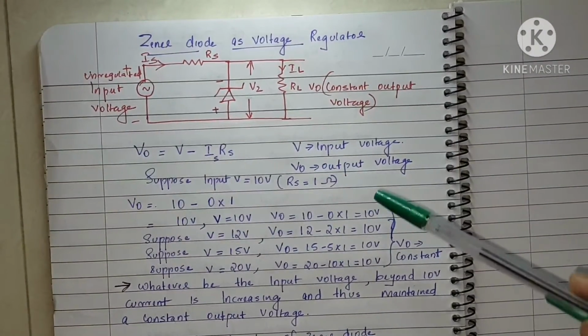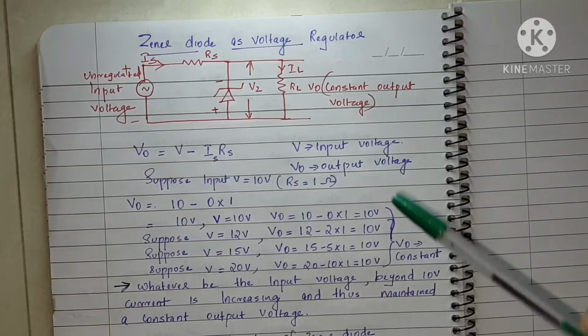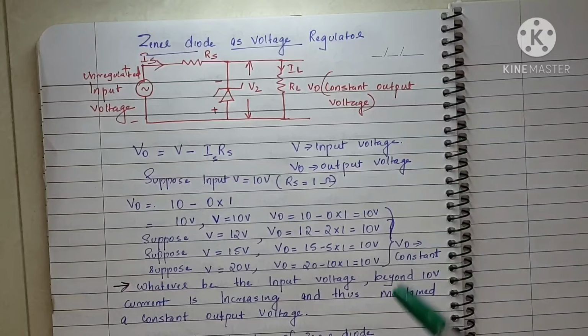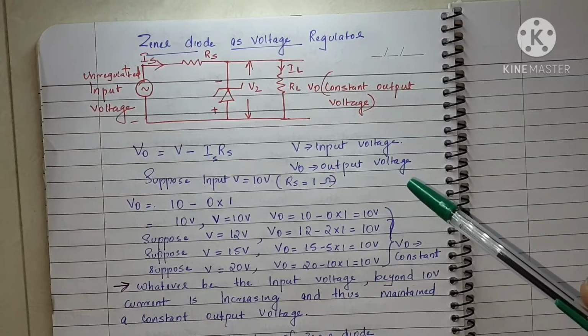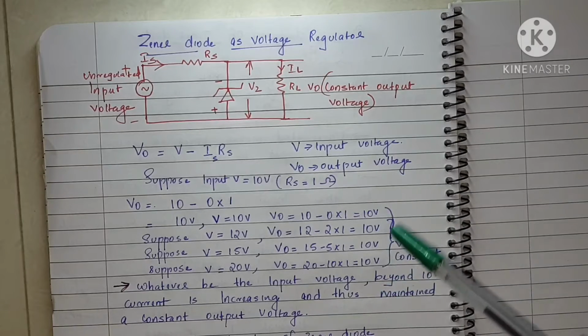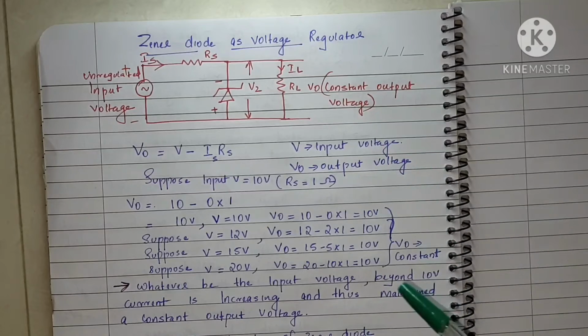How is the Zener diode used as a voltage regulator at breakdown condition? That is, when the voltage reaches the breakdown voltage, the Zener diode acts as a voltage regulator. We will see how it acts as a voltage regulator. Consider this equation: V0 equals V minus Is into Rs.